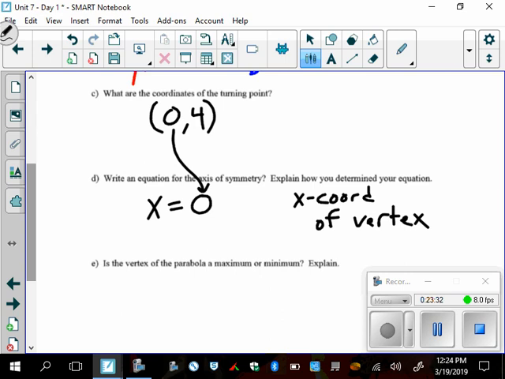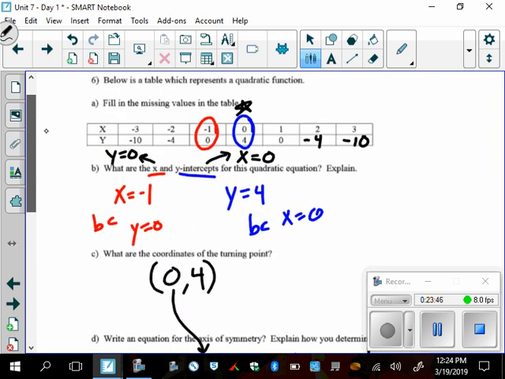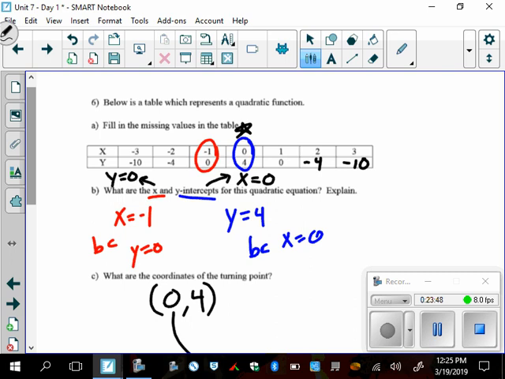And then it wants to know if this parabola is a maximum or a minimum. So if I was thinking about graphing it out, apparently I have different numbers than you.